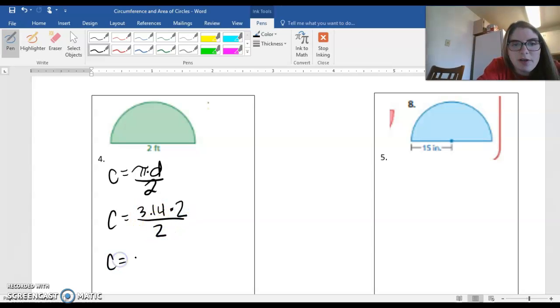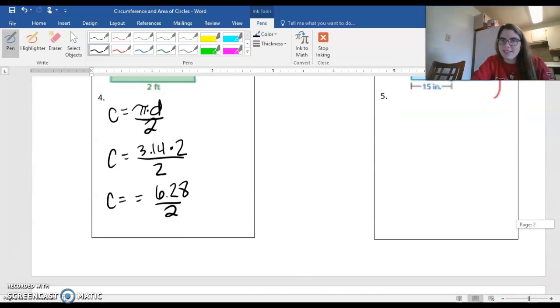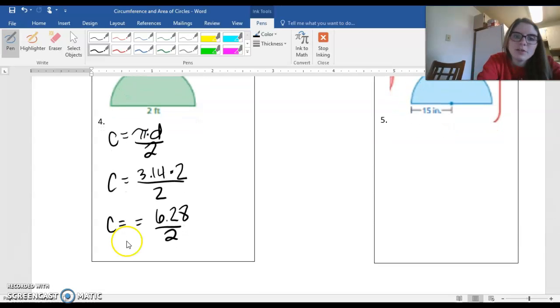So 3.14 times 2 is going to give you 6.28, divided by 2, which is going to give you your circumference equals 3.14 feet.